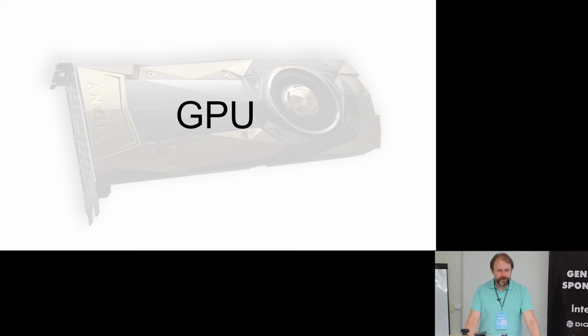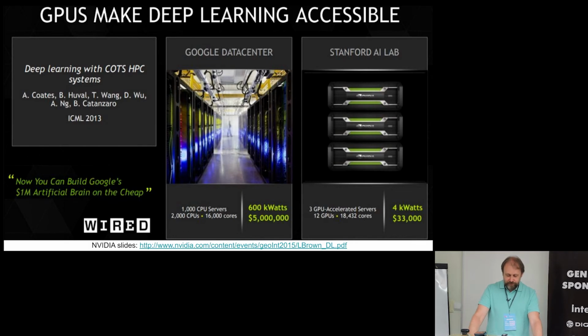Obviously, the next big thing is GPU, and right now most deep learning calculations are performed by GPUs. GPUs are actually the thing that made deep learning affordable, and with GPUs, for a very long time already, you can train big models that you cannot train with CPUs.